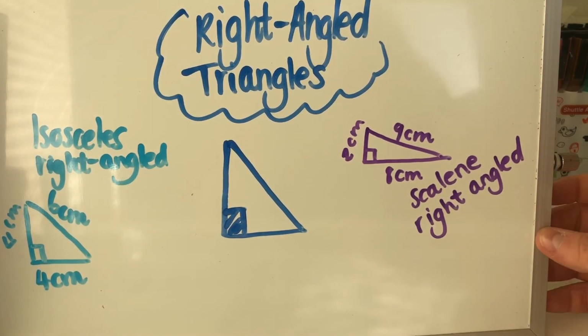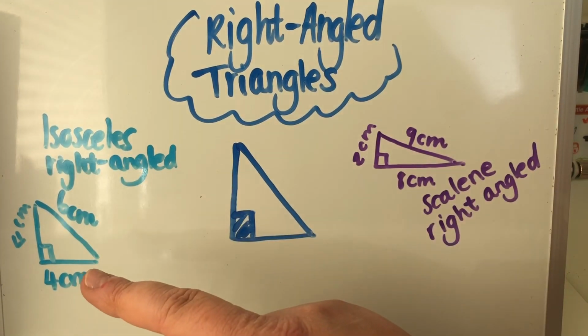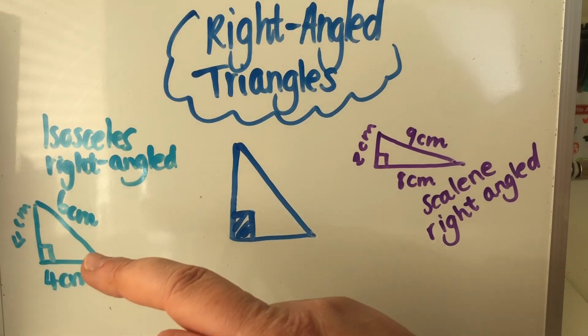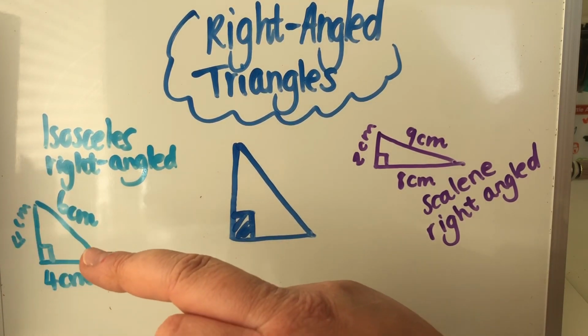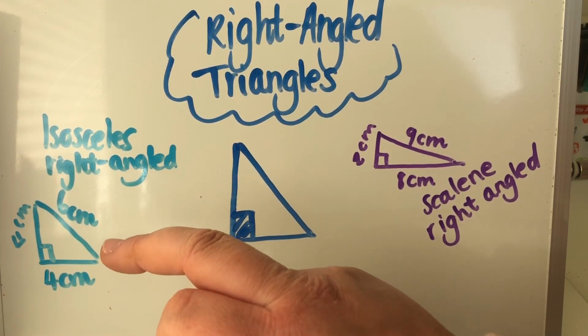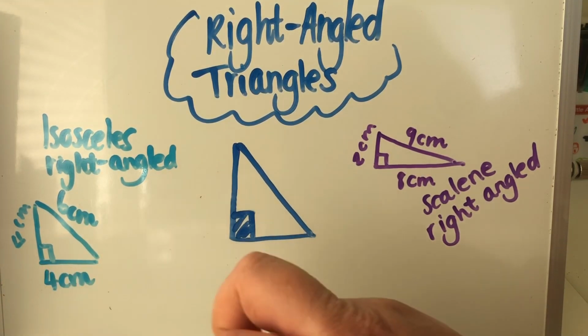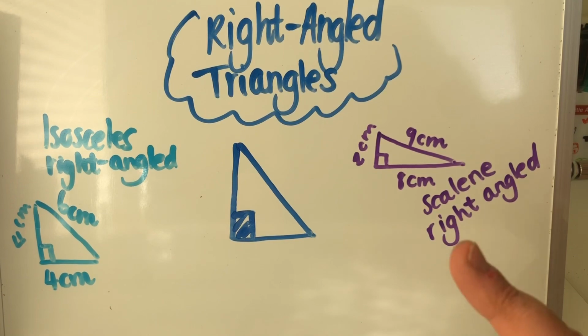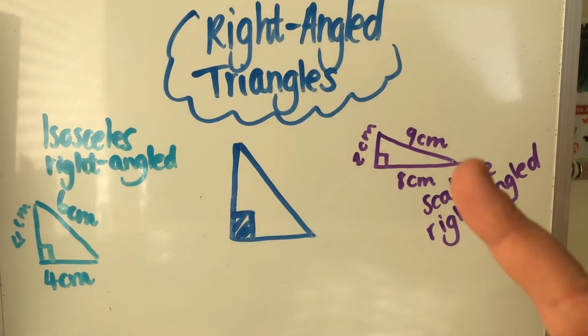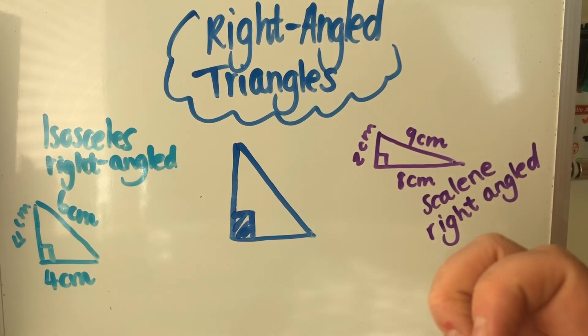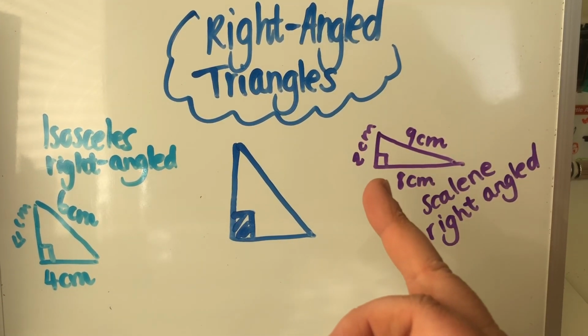So as I've shown you in this example over here, an isosceles right angled triangle could be one that has two sides the same length, and one that is not the same length, so as long as it has a right angle. Or over here, a scalene right angled triangle, all different lengths of sides, all the angles would be different, but it does have a right angle.